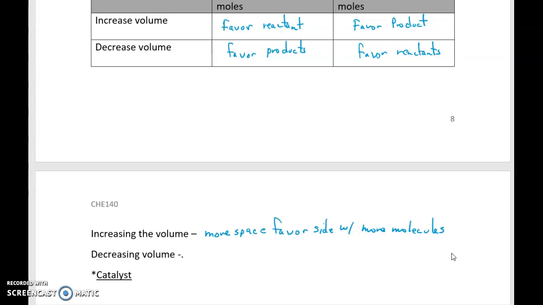If we decrease the volume, that means we have less space and will favor the side with fewer molecules. Remember, molecules like to have lots of space.